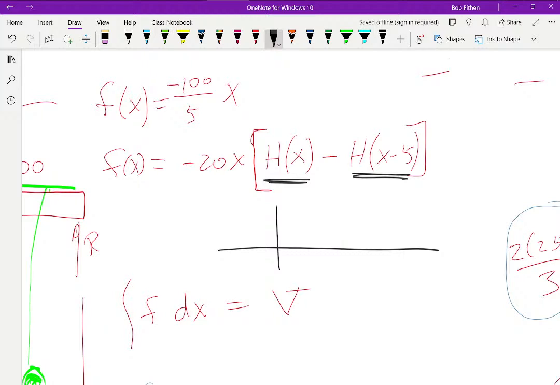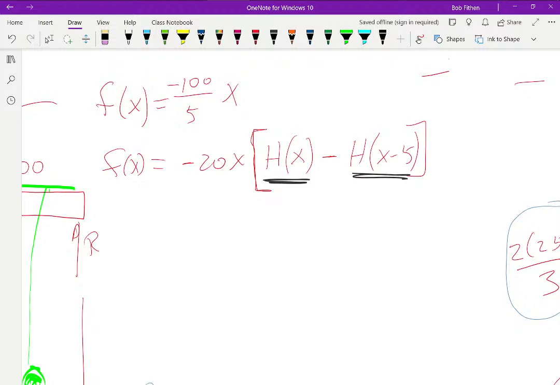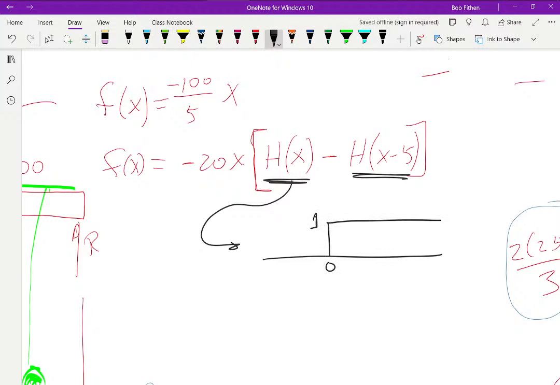So this one goes here, steps up to here, and goes on. Here, I'll just use this space here because let's say we look at this function. This function looks like this. Steps up at 0 to a value of 1.